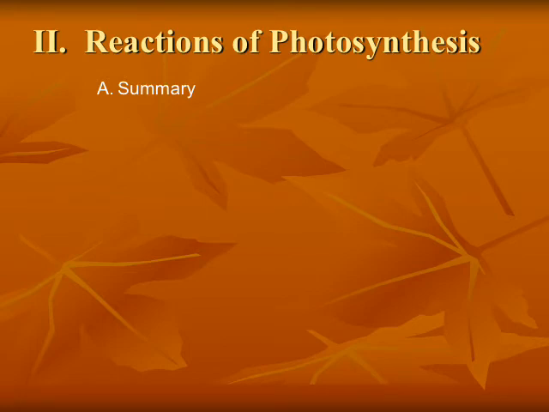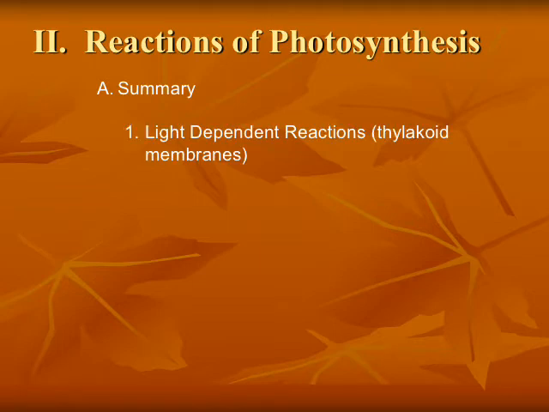So let's talk about the reactions of photosynthesis. And this is a summary. We're going to go into more detail. But we're going to start with the light-dependent reactions. And remember, those occur at the thylakoid membranes.